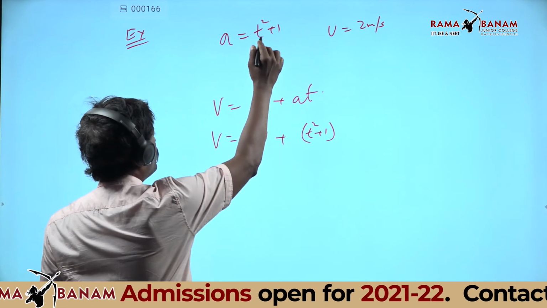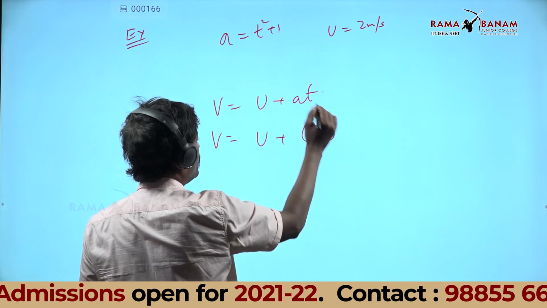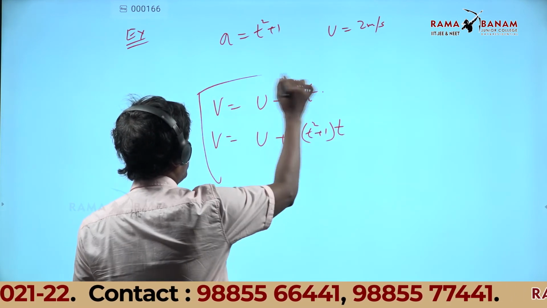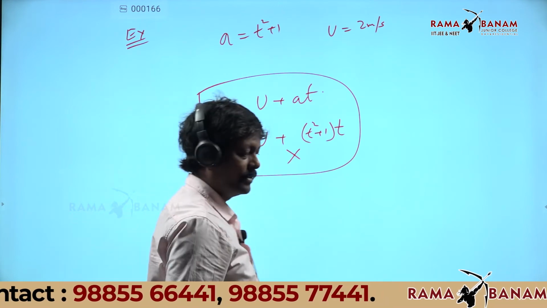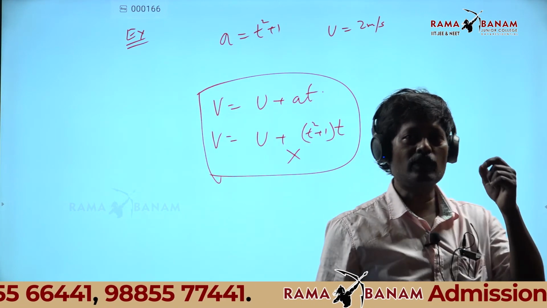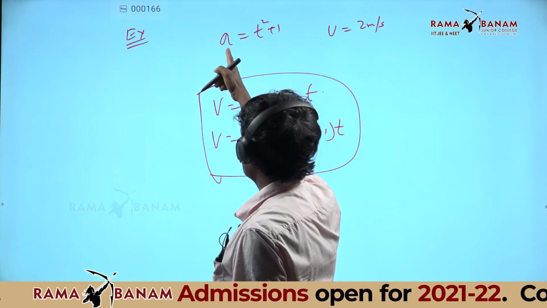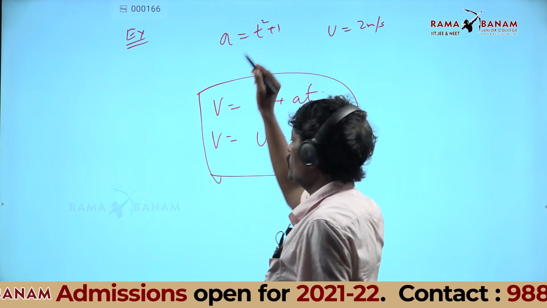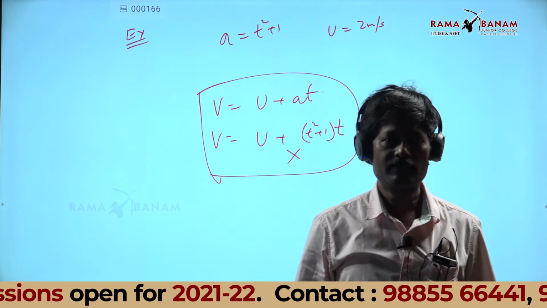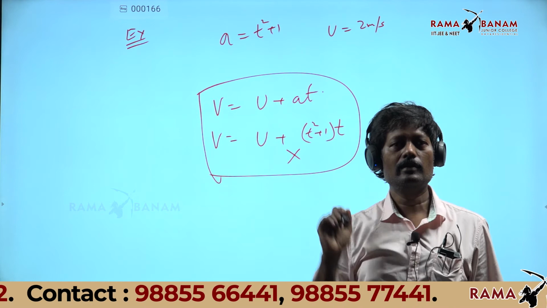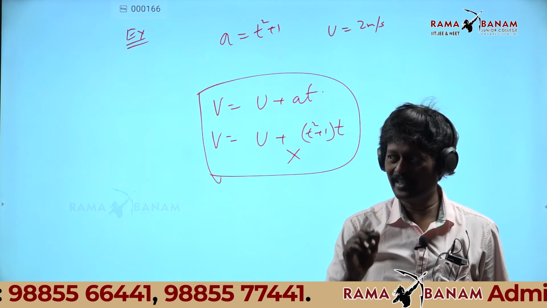Some of them wrote in the place of a, t square plus 1 into t. I cannot use this, because first you have to ask yourself: is acceleration constant or is it depending on anything? Acceleration is not a constant. It is depending on time.